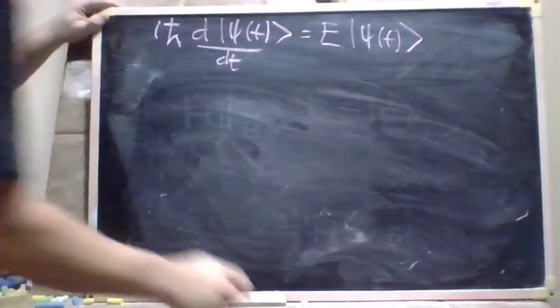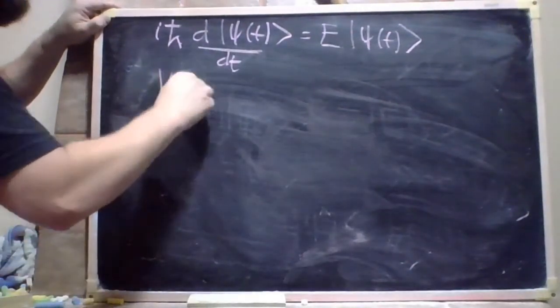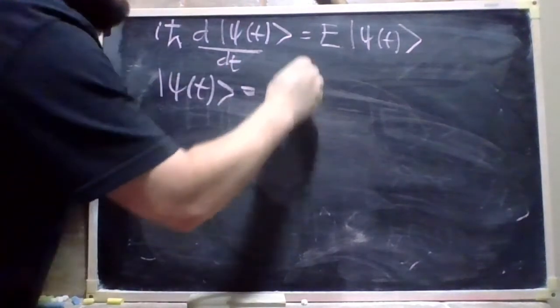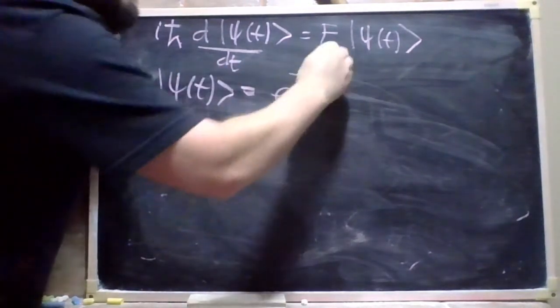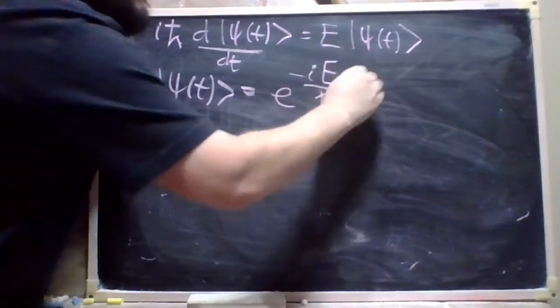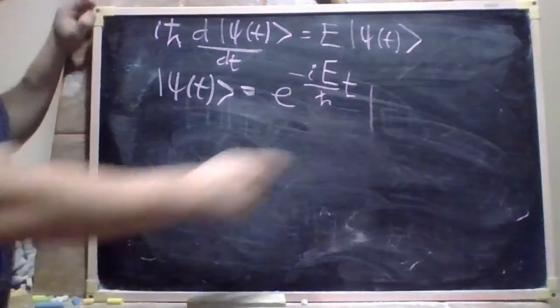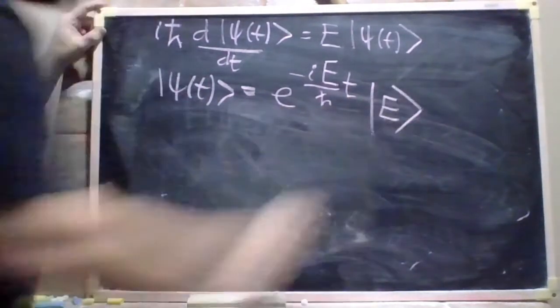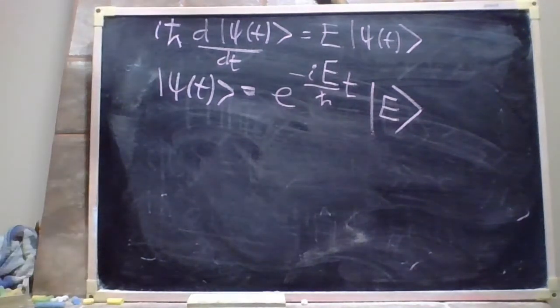You can demonstrate that it is e to the minus i energy eigenvalue divided by h bar multiplying time t, multiplying the initial state, which is the eigenenergy state.